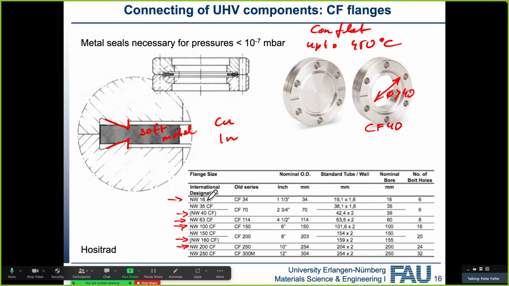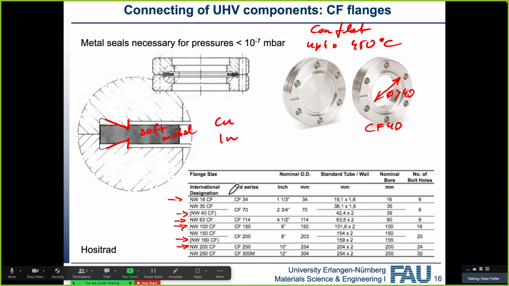And you can already see there's a big jump between 16 and 40, then a smaller one between 40 and 63, and then about an equal one between 63 and 100. But essentially, you will get all of the components only in these sizes. Sometimes you will have to deviate from that. Currently we're building an ultra-high vacuum system for neutron scattering.